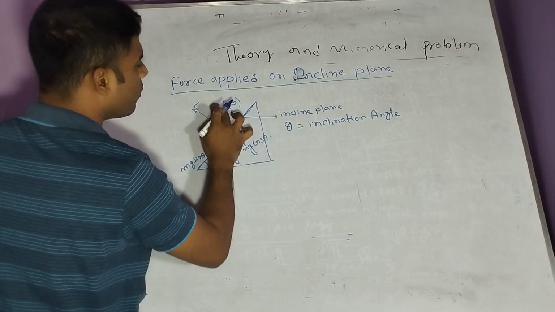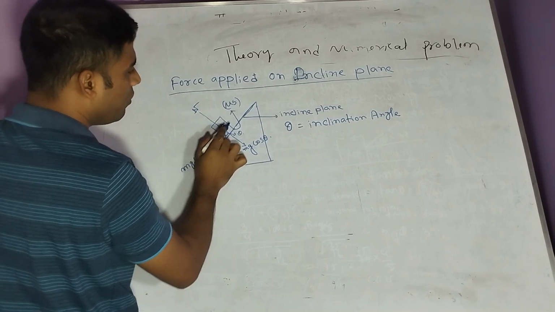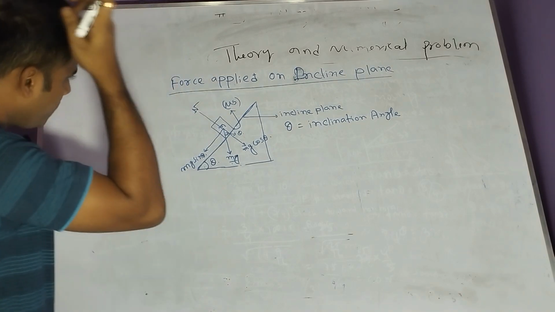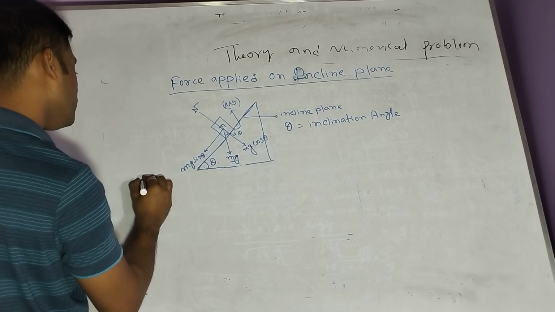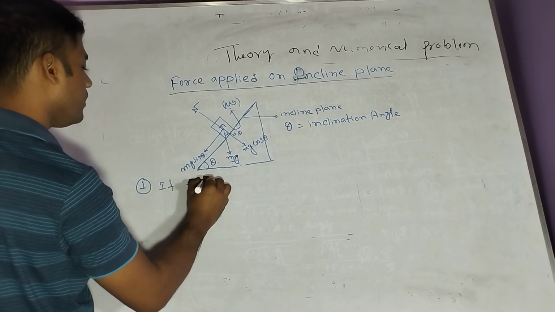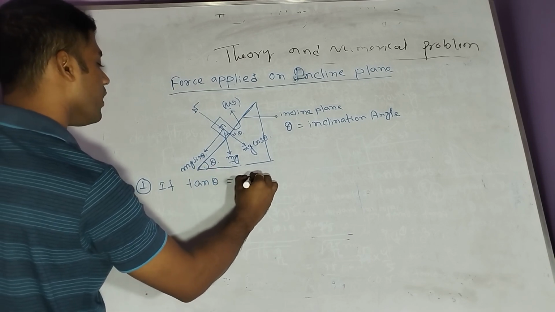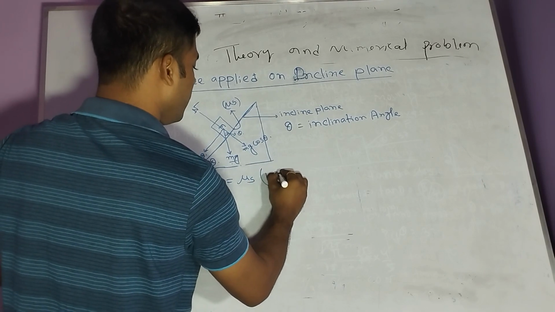What is mu s? The coefficient of static friction between the inclined plane and the block is mu s. So these three conditions. Condition number 1: if tan theta is equal to mu s, then this is called the limiting condition.